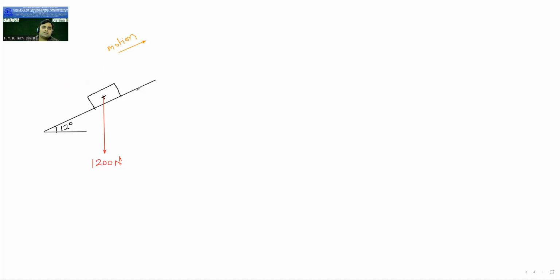Now this inclined axis is our x-axis and perpendicular to this is our y-axis.